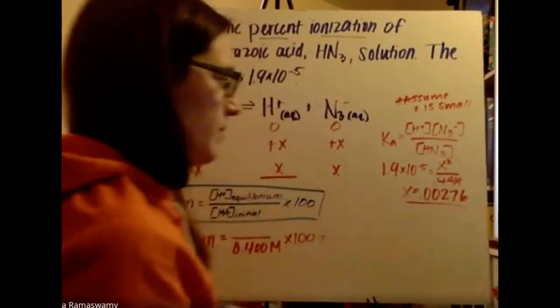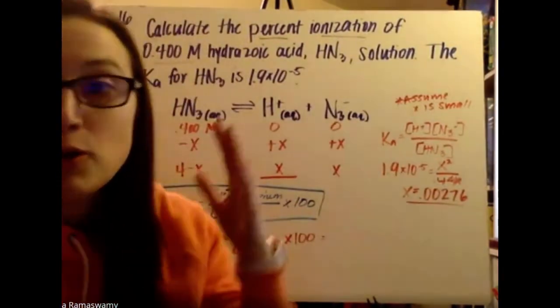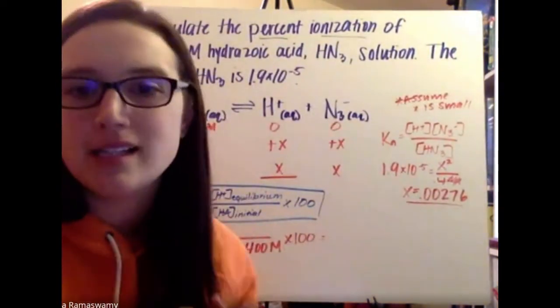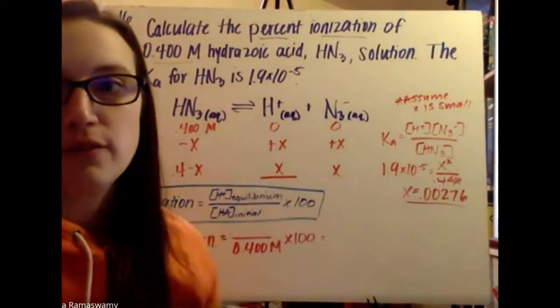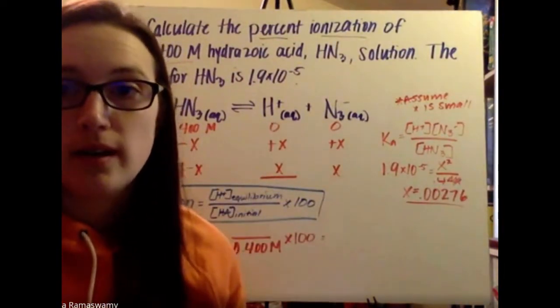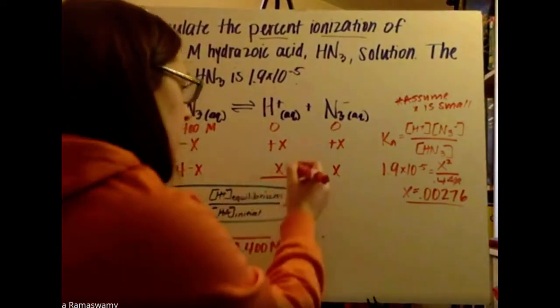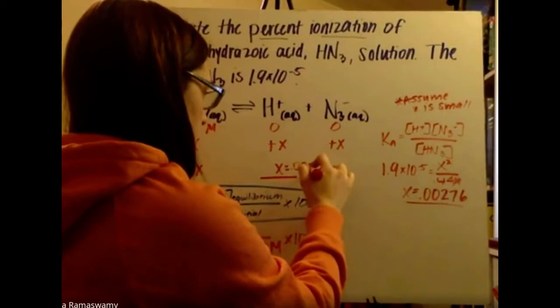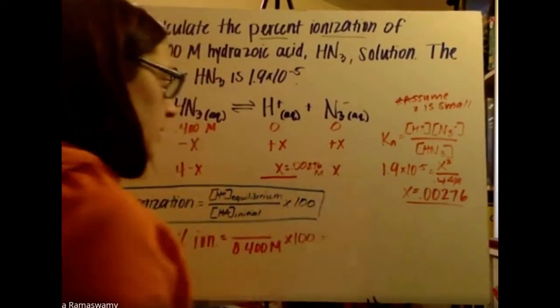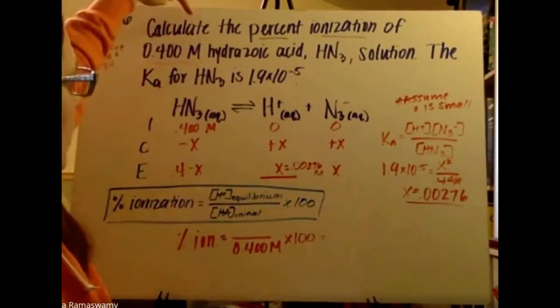There's X. Now you have to think about what X is and what you're trying to find. That's why I always like underlining information from the ICE table. When I underline this, that tells me X is what I was trying to find. 0.00276 molar.